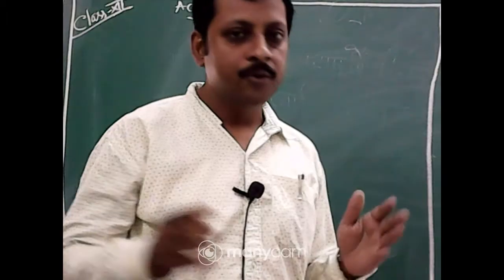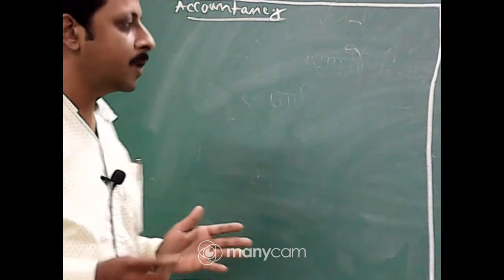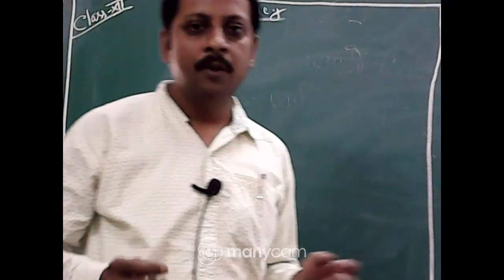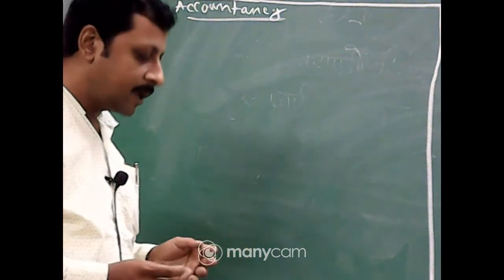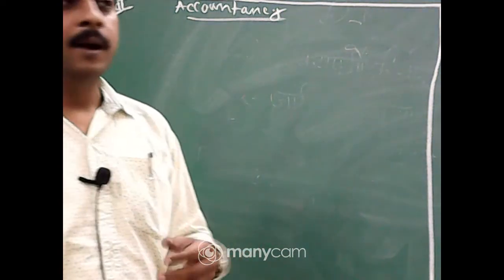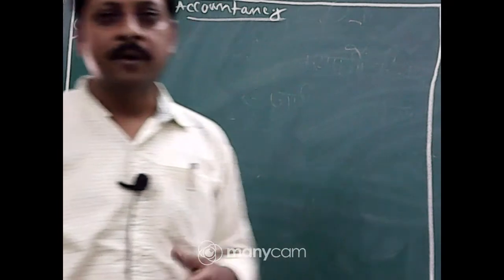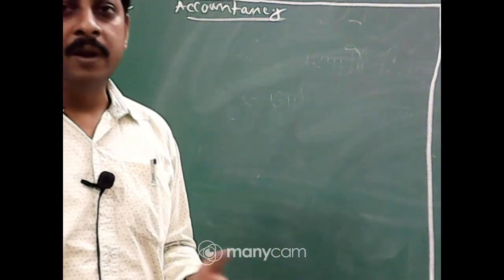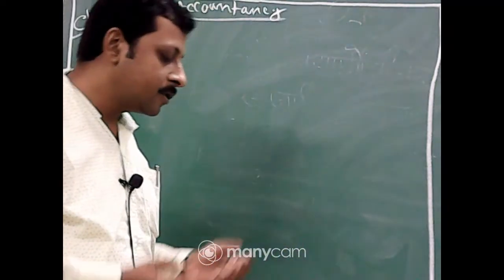So you can easily compare the different items of the balance sheet and profit and loss account, and know what the asset was in the last year and the current year, and the percentage of increase or decrease. That is all about the comparative statement. Now what is common size statement?